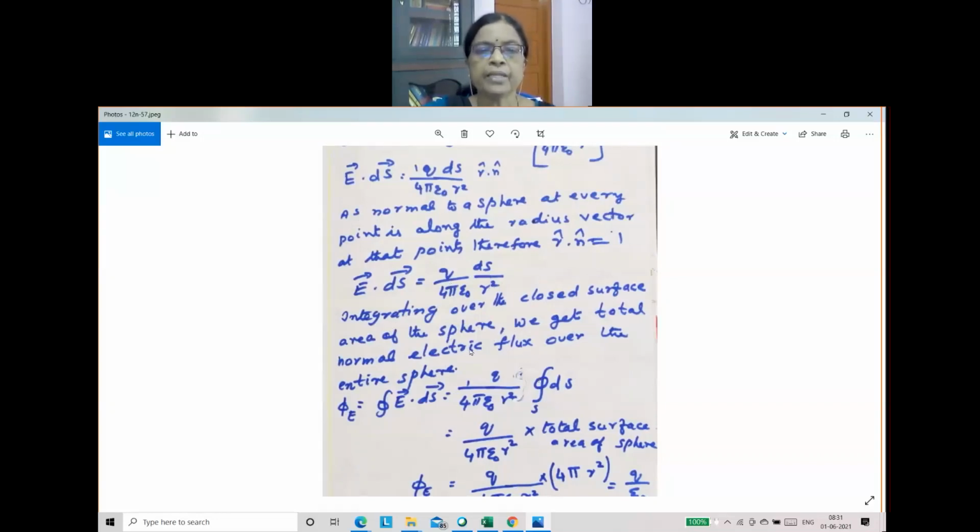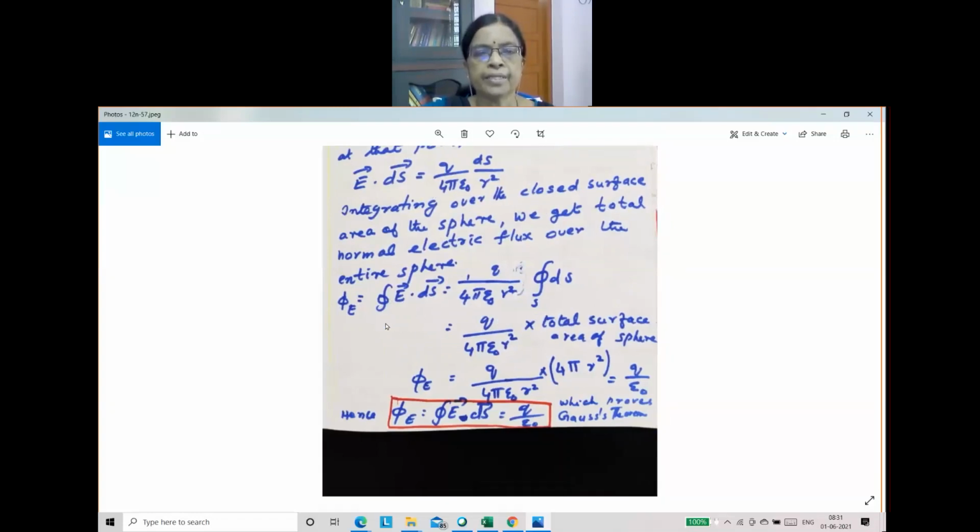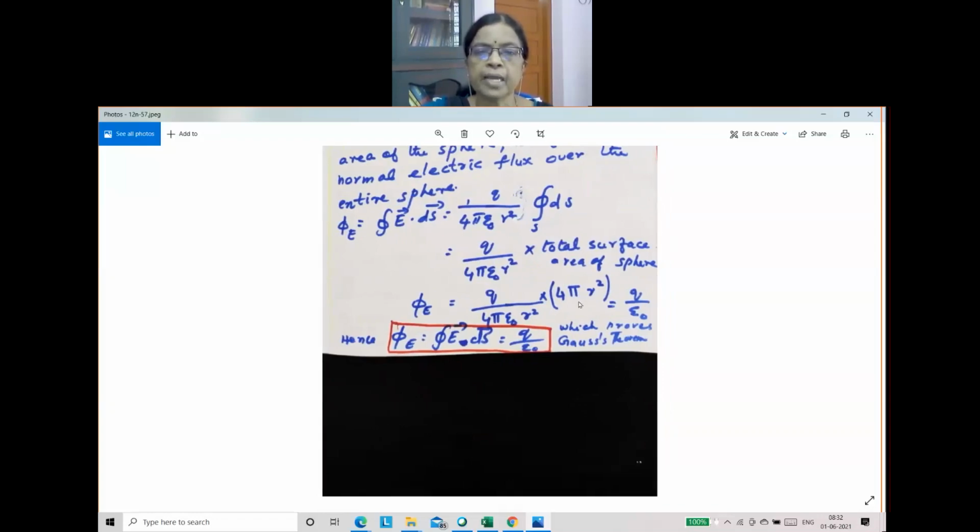Then integrating over the closed surface area of the sphere, we get the total normal electric flux over the entire sphere. We integrate E dot ds over the closed surface S. The factor 1 by 4 pi epsilon 0 q by r square is taken outside the integral because E at every point on the Gaussian surface is the same. What is the integral of ds over S? The total surface area of the sphere, 4 pi r square.